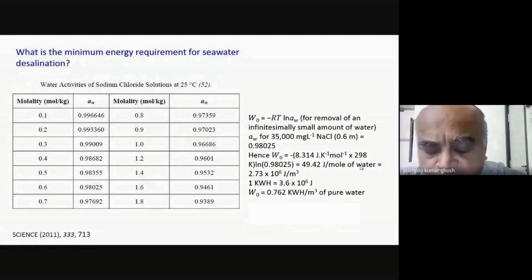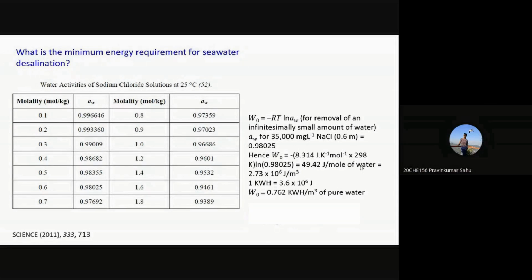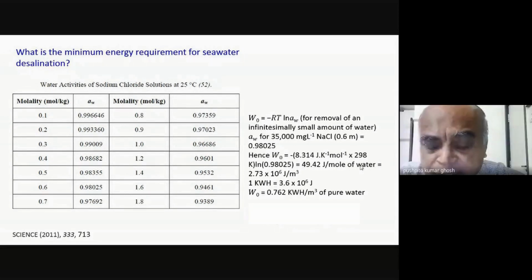What is the volume of 1 mole of water? Sir, 18 ml. Yeah, 18 ml. Now, suppose I want to calculate for 1 m cube. So what will I do? I'll multiply this by 10 to the power 6 ml. 1 m cube is equal to 10 to the power 6 milliliter divided by 18.